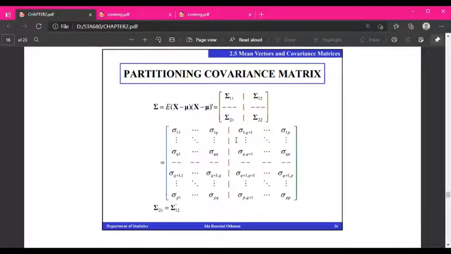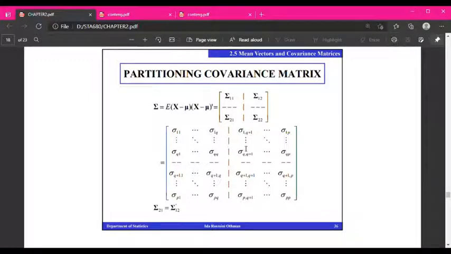Sama juga dengan covariance matrices, we also can partition the matrix, the covariance matrices. So kalau kita partitionkan the variable tadi kepada two groups, so the variance covariance matrix will be partitioned kepada 4. Okay, so di sini adalah big sigma 11, means that the first part of the variance covariance.